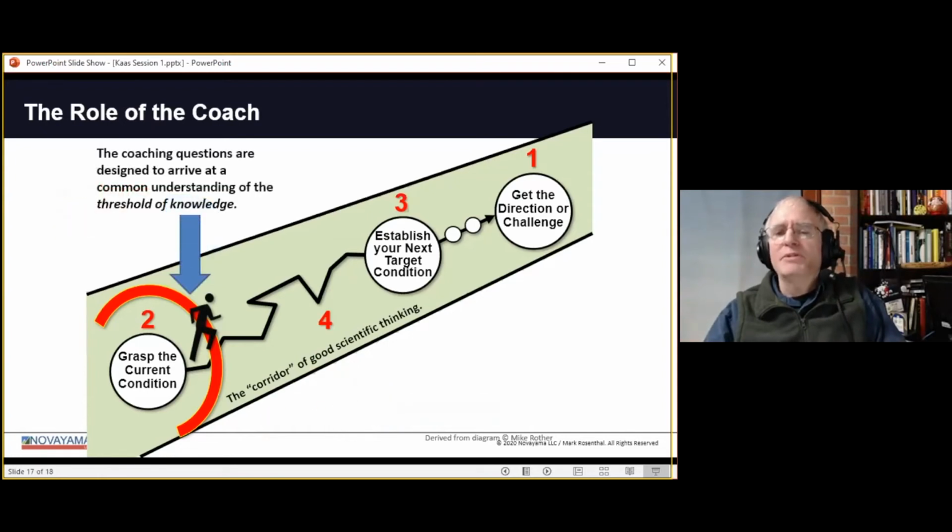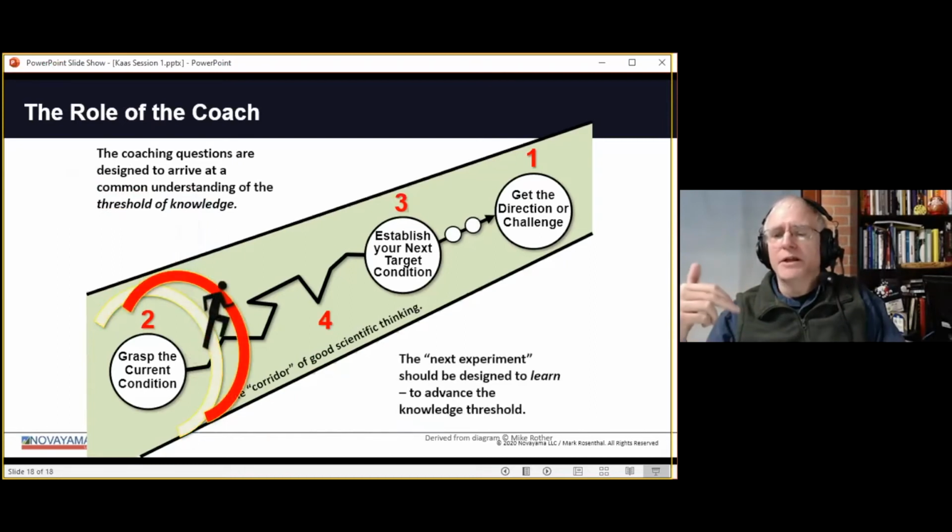The purpose of the coaching questions, which I'll go through verbally in a minute, is to determine where the learner's threshold of knowledge is. And then the next experiment should be designed to advance that threshold of knowledge. It's not just a to-do. Again, we're going to go into this in depth. This is a quick overview.